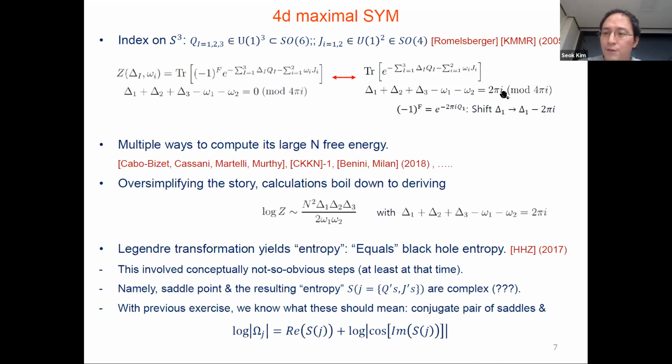I like this convention partly because it maximally emphasizes the fact that minus 1 to the F is essentially a complex chemical potential. And the Legendre transformation and all this issue is trying to find the most dominant, most efficient way of, how should I say, to find the dominant way of distributing this 2 pi i to all these chemical potentials in a certain manner.